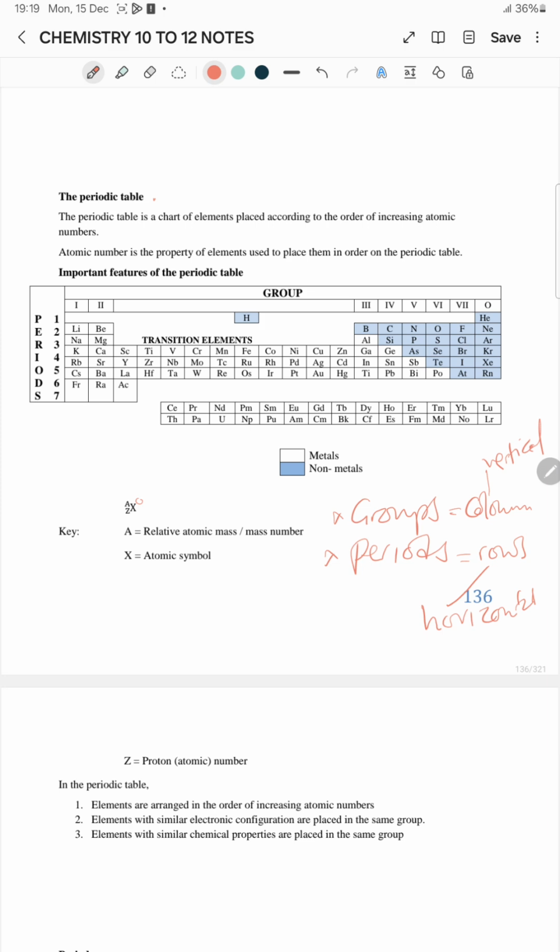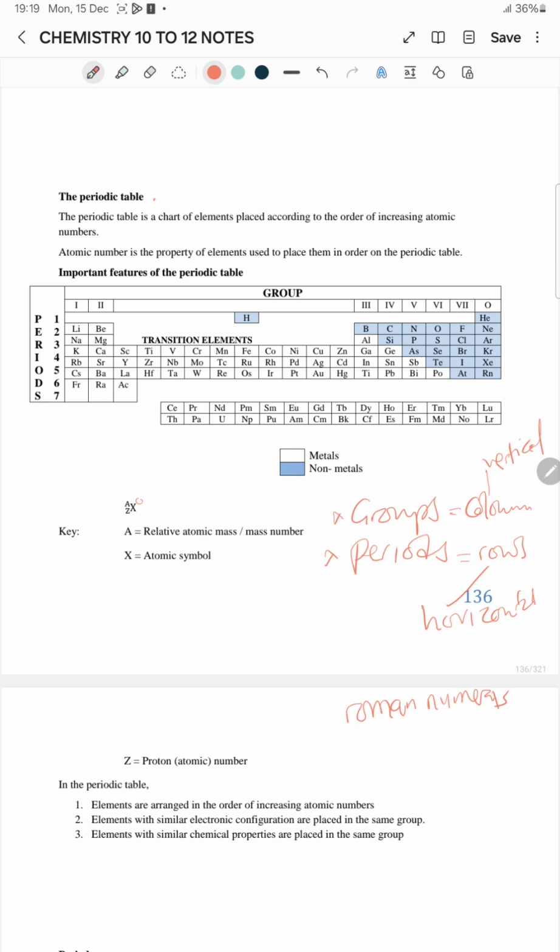Groups are labeled using Roman numerals. Okay, let's look at this one.